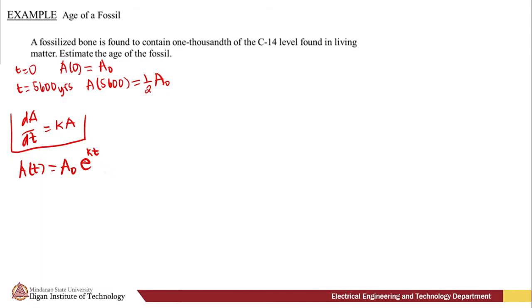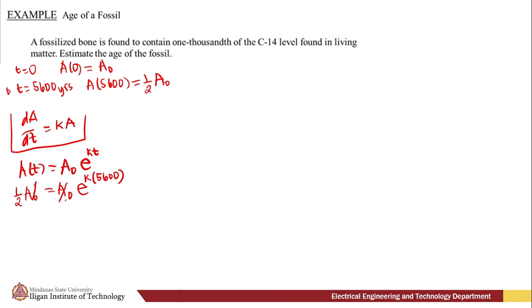So we need to identify the value of our variable k. We're going to use the half-life of the C14. At t equals 5,600 years, the amount of C14 present is 1/2 of the original. So we have 1/2 A sub 0 equals A sub 0 e raised to k times 5,600 years.